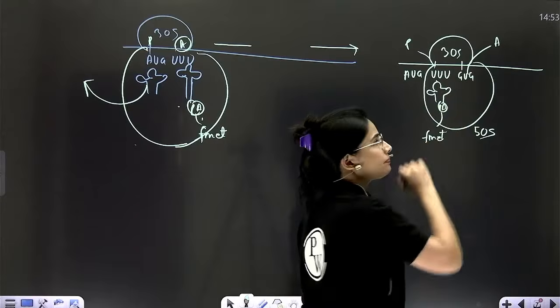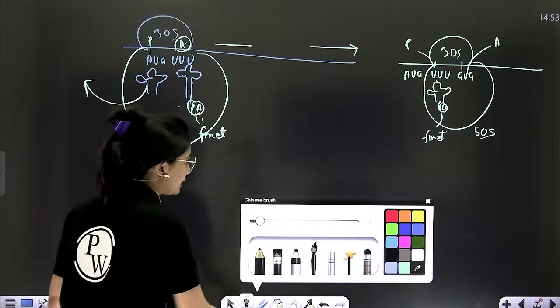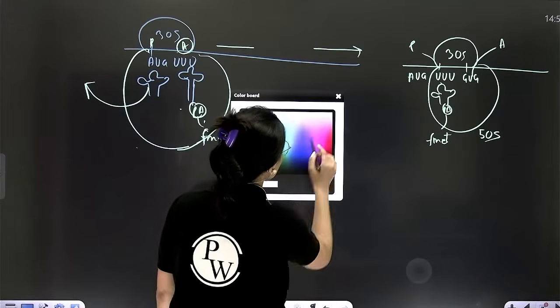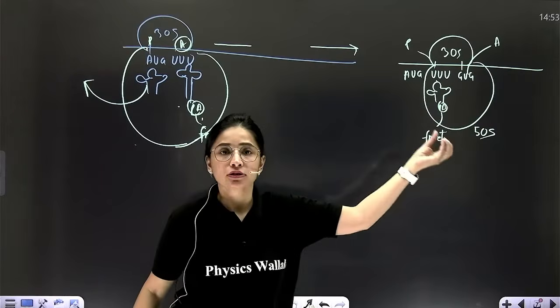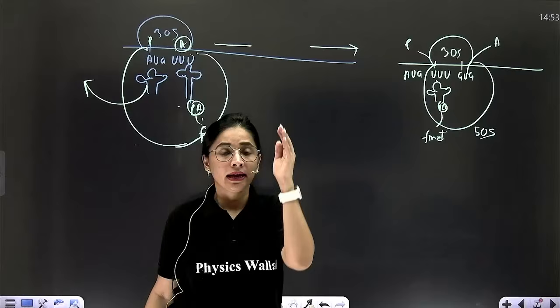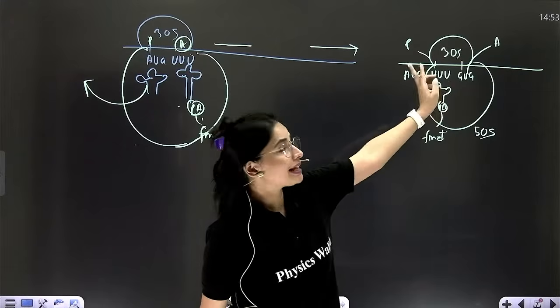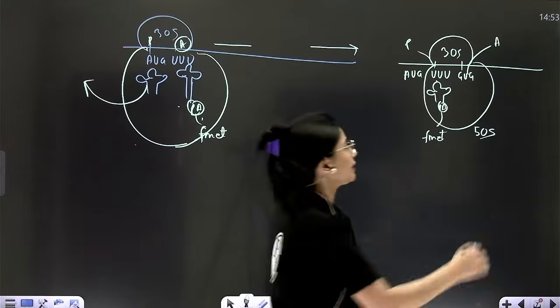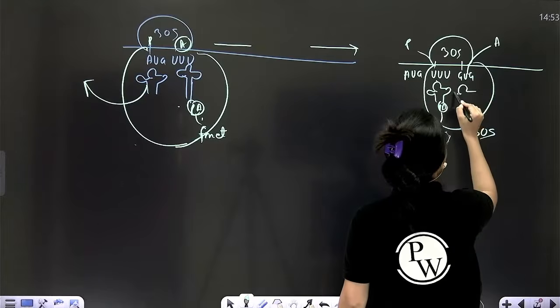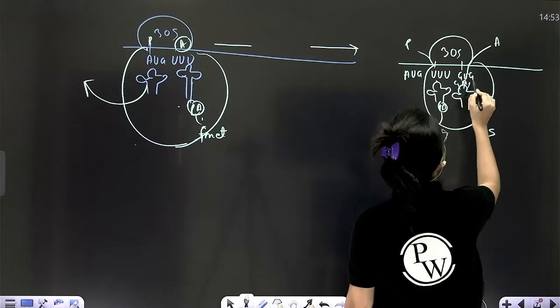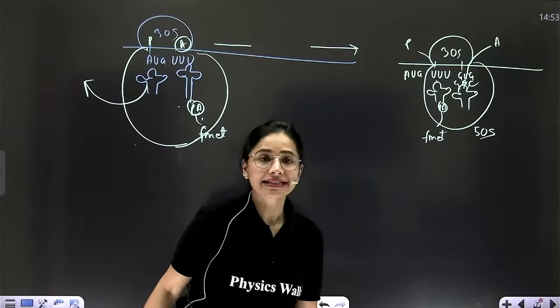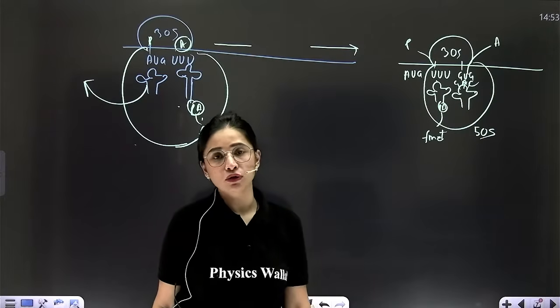Now what will come? The next activated tRNA will come, which will have the anticodon with respect to GUG. So the tRNA having CAC will come and get attached to the A site. Now GUG, beta, codes for valine.